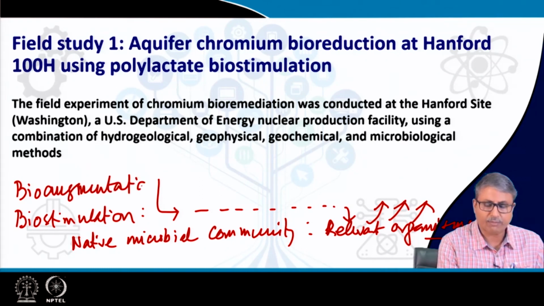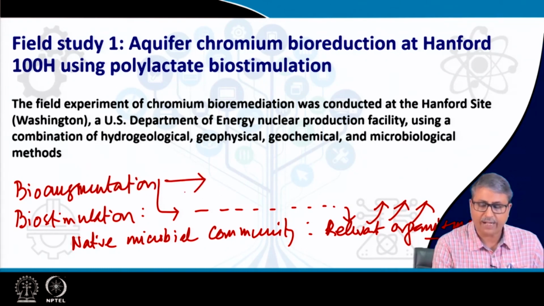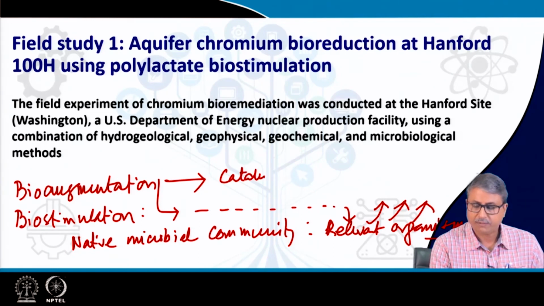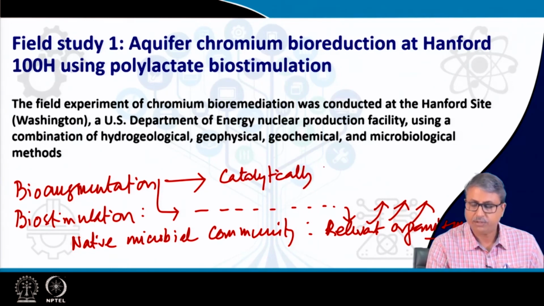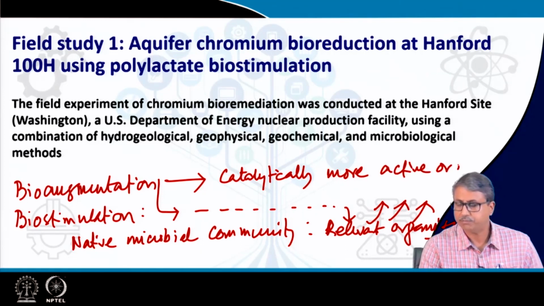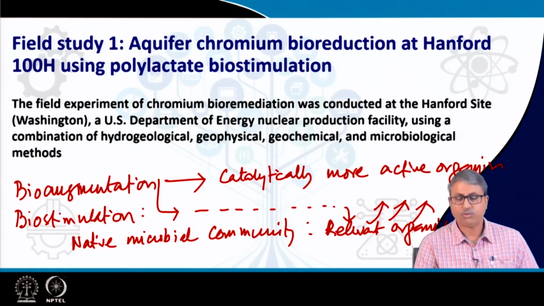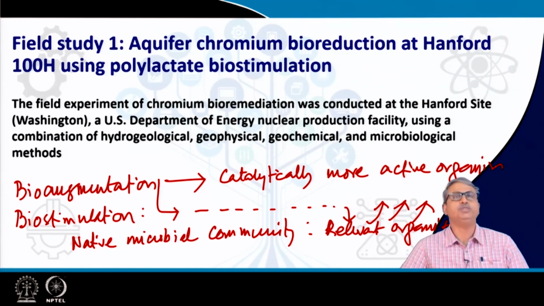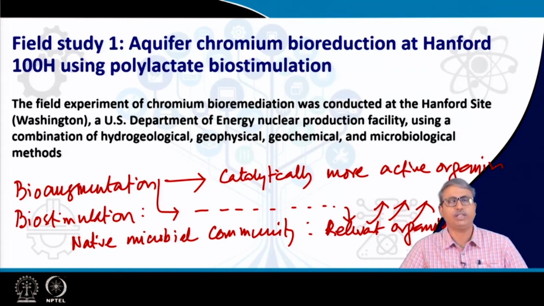So, in case of bioaugmentation, what do we do? We add catalytically more active organisms. Often it has been found that the natural community does not have a sufficient number of the catabolically relevant organisms in this particular contaminated environment.